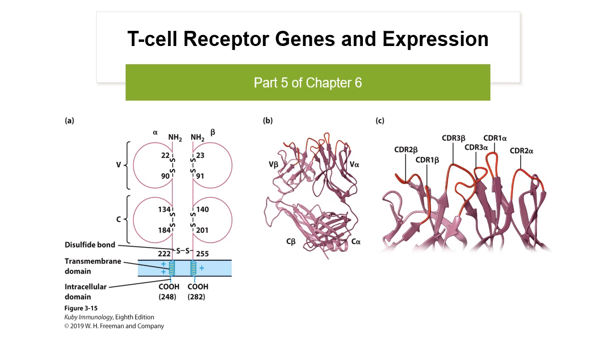And what you're looking at is the diagrammatic version of that in A, and then in B, you've got the protein structure, if you were looking at it kind of from the top down. And then in C, as you zoom in a little bit more, those are the complementarity determining regions, or the parts that are specifically supposed to interact the most with antigen.